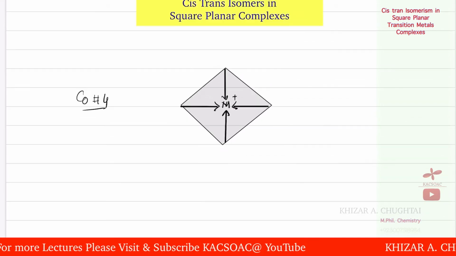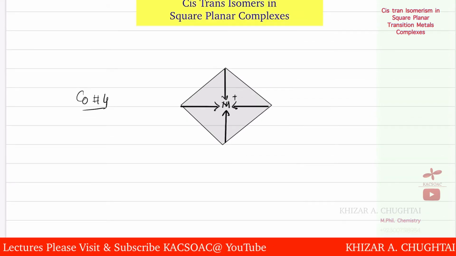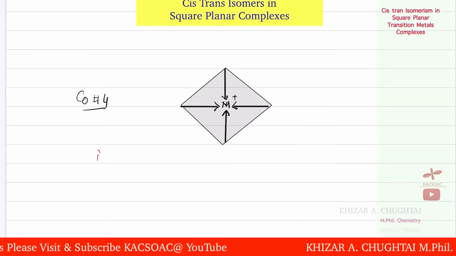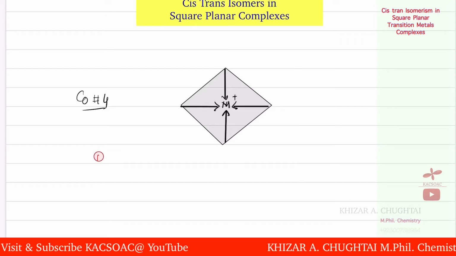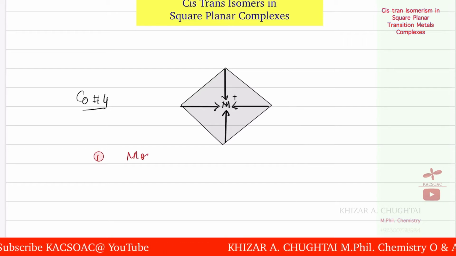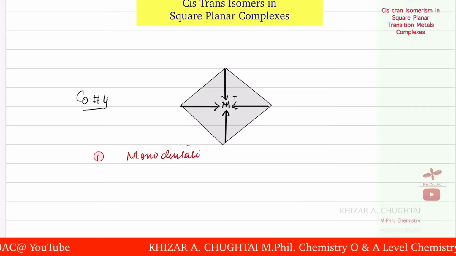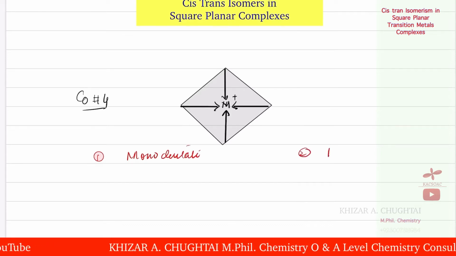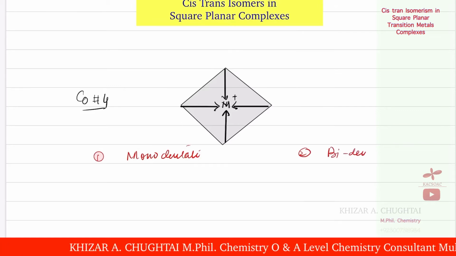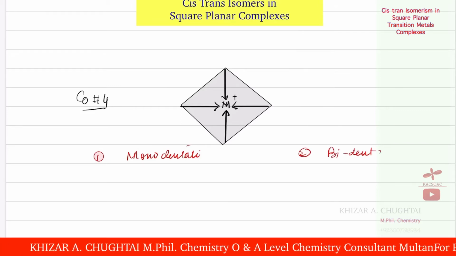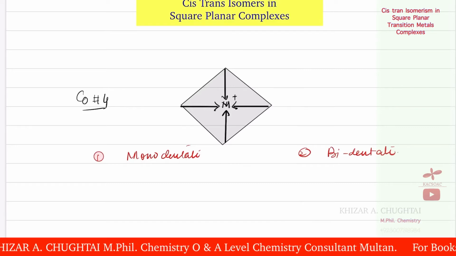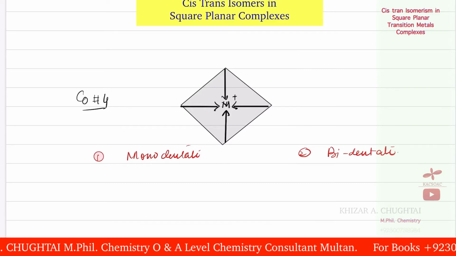Number 1, there is the possibility of 2 types of ligands. They may be monodentate ligands, and there may be bidentate ligands.